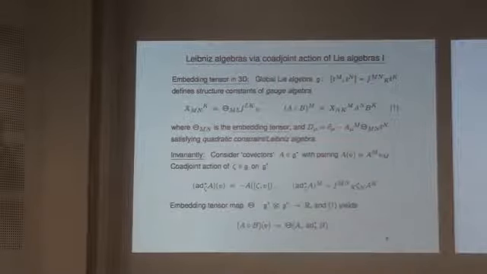And what we, in the embedding tensor formalism, call the quadratic constraint is nothing but the statement that this product defines the Leibniz algebra. That is just a consistency condition that the transformations following from the structure do close. So that's just the standard discussion in gauge supergravity.